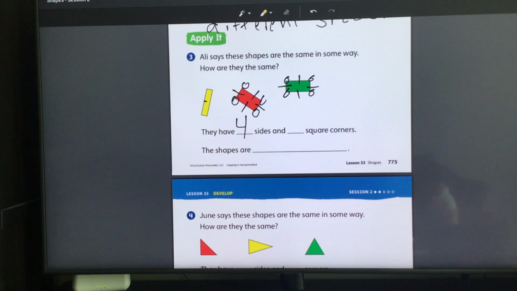This one has 1, 2, 3, 4 sides and 1, 2, 3, 4 corners. So they all have 4 sides and 4 square corners. And what is the name of the shapes that have 4 sides and 4 square corners? The shapes are rectangles.